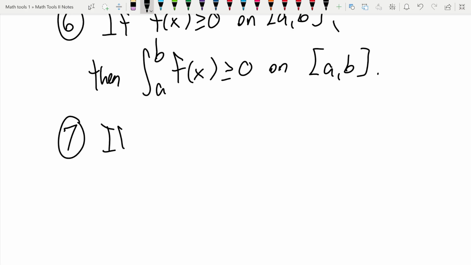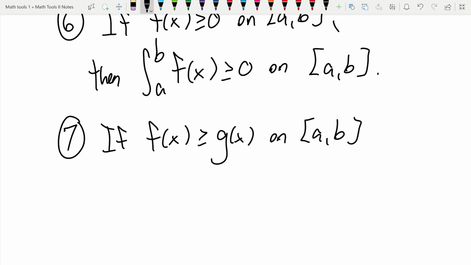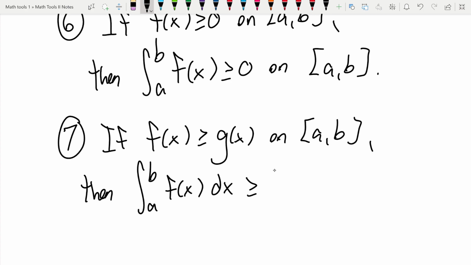Generalizing this a little bit more, if f of x is greater than or equal to g of x on [a, b], then the integral of f of x dx is greater than or equal to the integral of g of x dx. This one might be a little bit harder to show. I think I asked you to show it somewhere. There's a bit of a trick to it, but I won't spoil it.